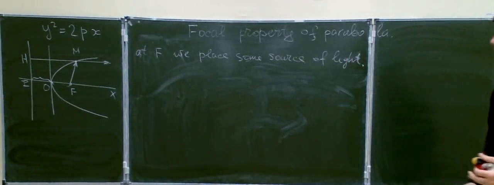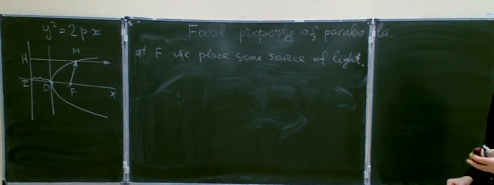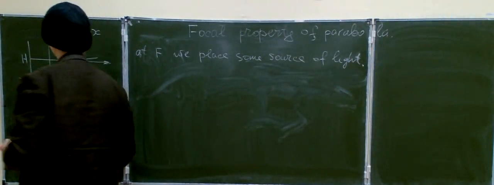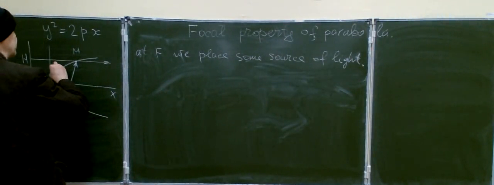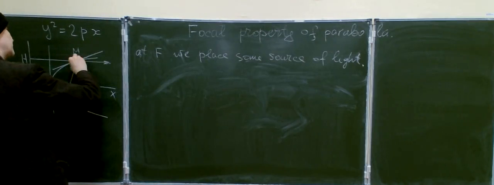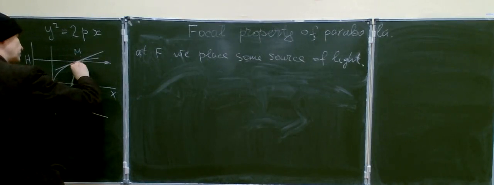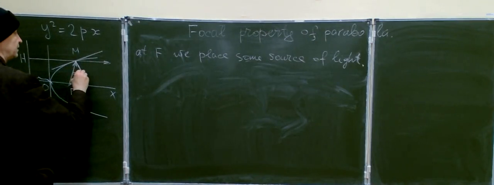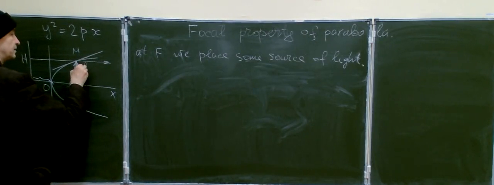In order to prove this fact, we need to derive the equation of a tangent line, because the reflection law is written with respect to the tangent line. So if we draw here the tangent line, and if we take the perpendicular to this tangent line, then this angle should be equal to this angle.